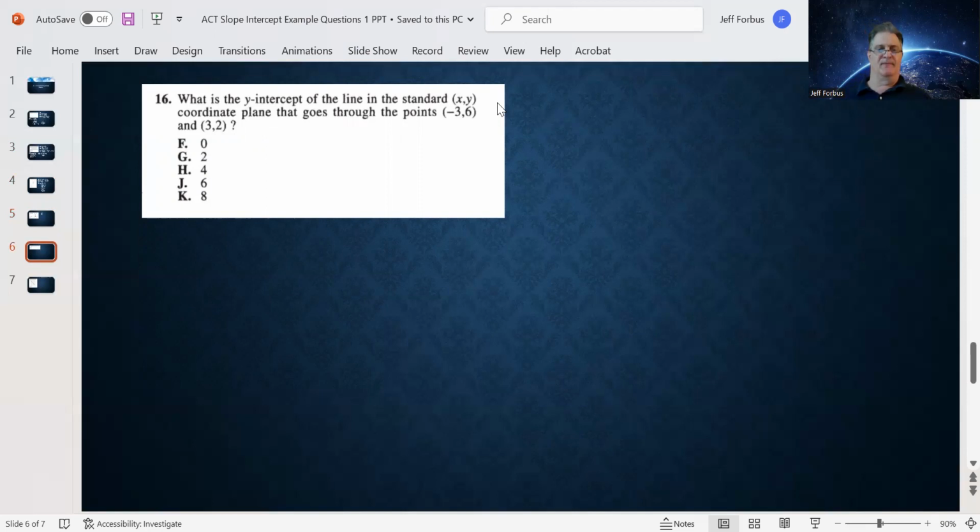What is the y-intercept of the line in the standard xy coordinate plane that goes through the points (-3, 6) and (3, 2)? Well, again, we'll default to y = mx + b, and then finding slope.